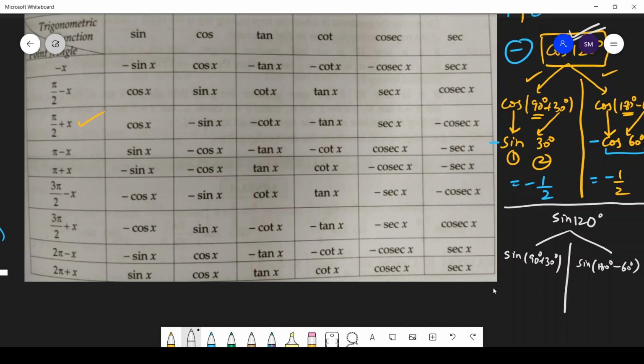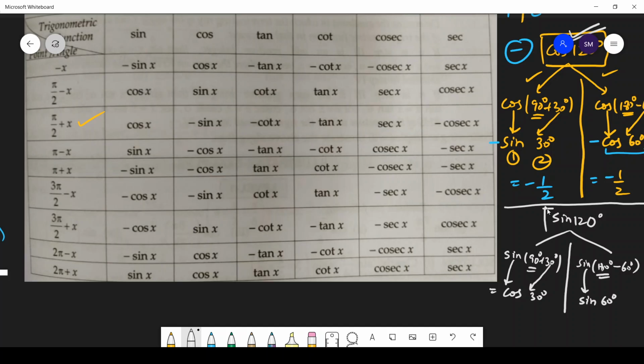Whereas for sine 90 plus 30, we have 90 degrees, so sine will change to cos, cos 30. Here we have 180 degrees, so sine will remain sine. Now the second thing is to write the angle as it is. It doesn't matter whether it is plus 60 or minus 60.